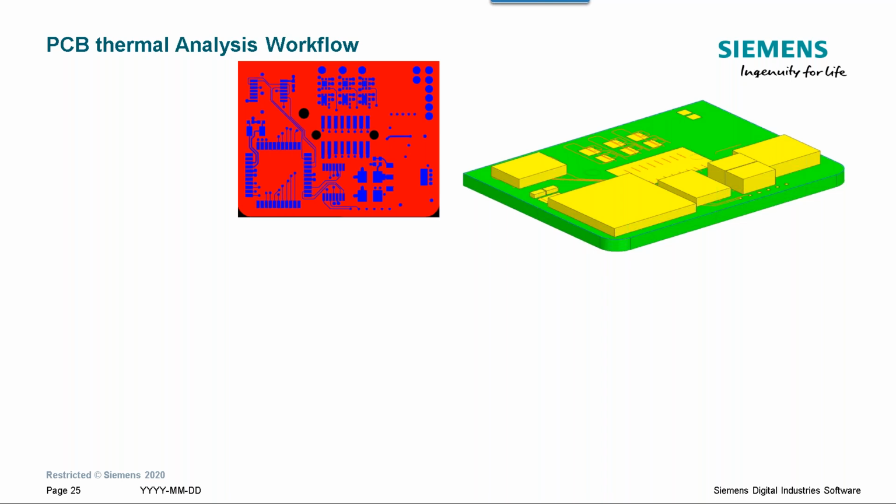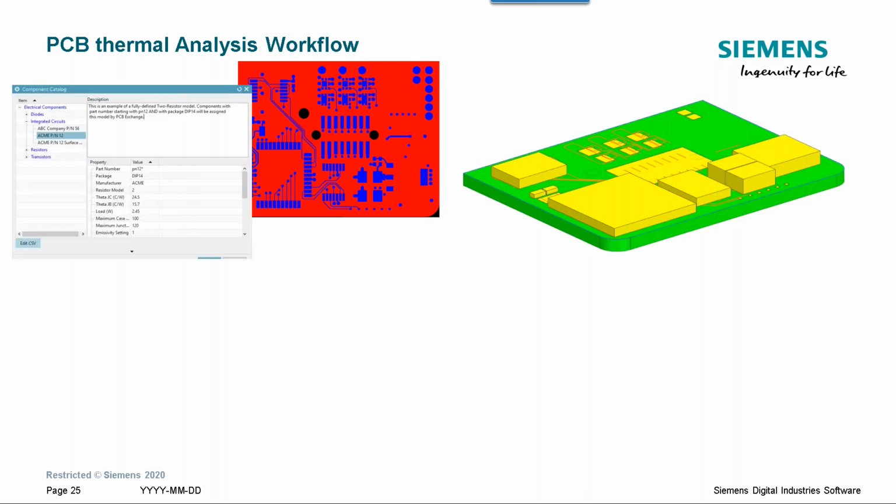These will be created from the images that you see on the screen right now in blue, where the blue is copper and the red is dielectric. We will also be customizing the PCB component catalog, where we will look at the thermal properties for each of the electrical components based on their package name or part number.